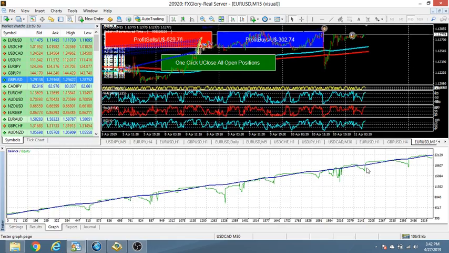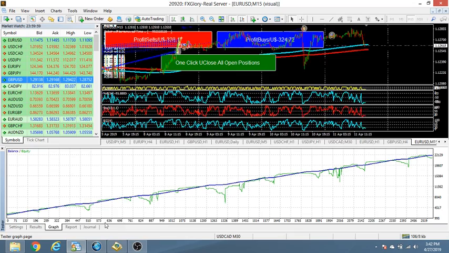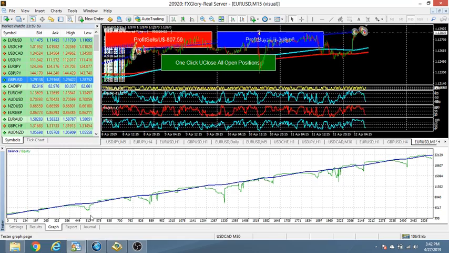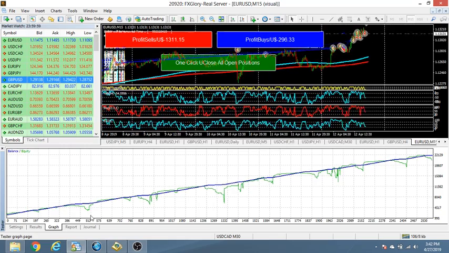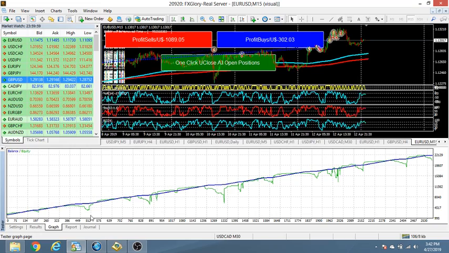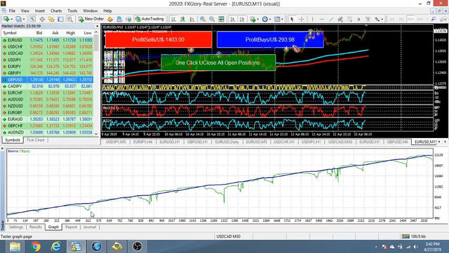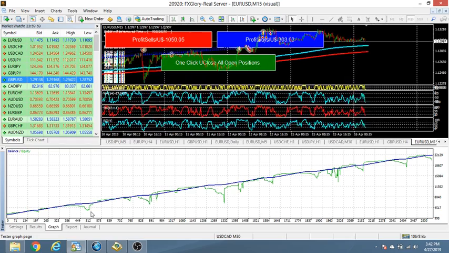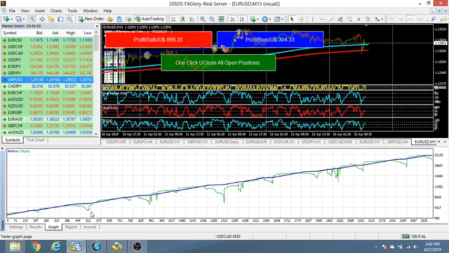This is the graph at 15-minute time frame. That's how it behaves in the real market.